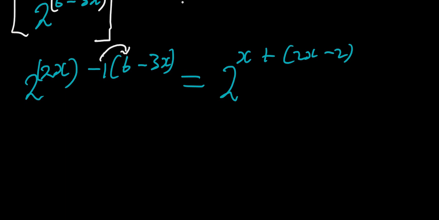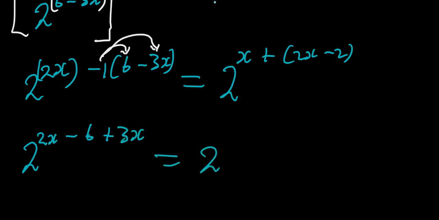So when you do that, this will become 2 exponent 2x. -1 times 6 is -6. -1 times -3x will become positive 3x. And this will be equal to 2 exponent x plus, just clear the parentheses since this is positive, so x plus 2x minus 2.